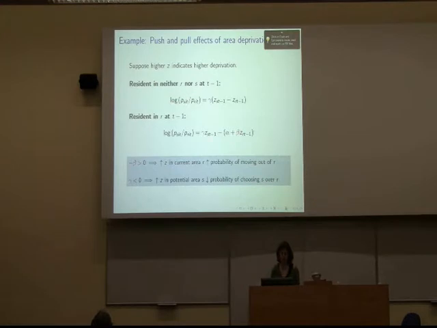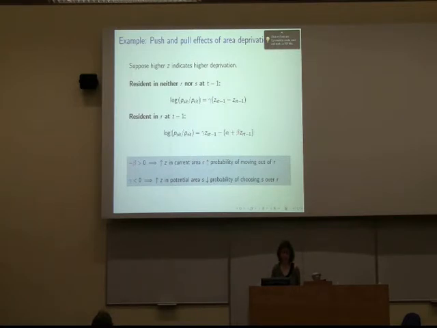We've got this coefficient beta. Now, if minus beta is greater than 0, that implies that an increase in Z in the current area is associated with an increase in the probability of moving out of that area. In other words, an increase in the probability of being in S rather than area R at time t.